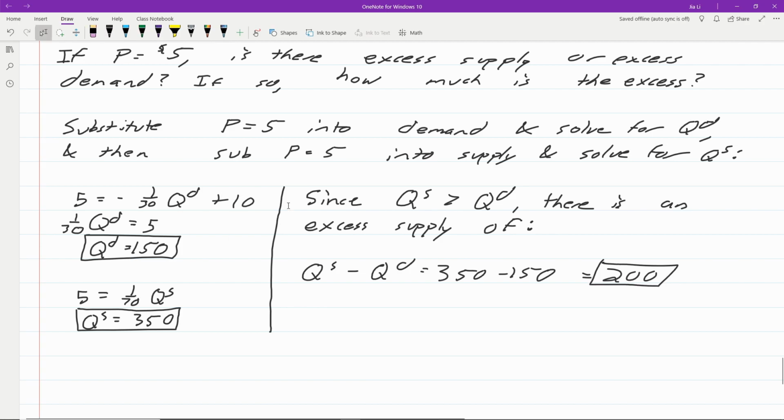Okay. So that's how we analyze if there is excess supply or excess demand.